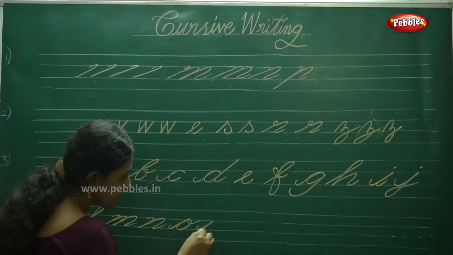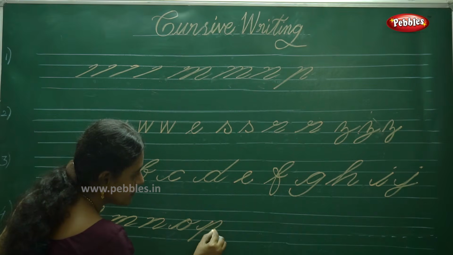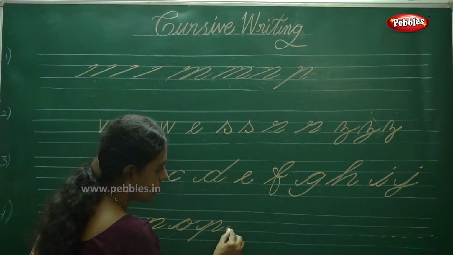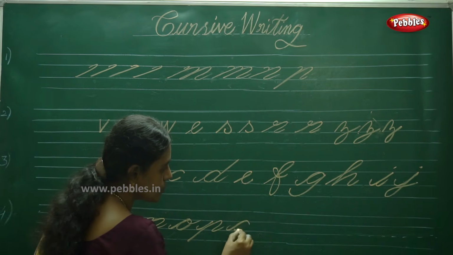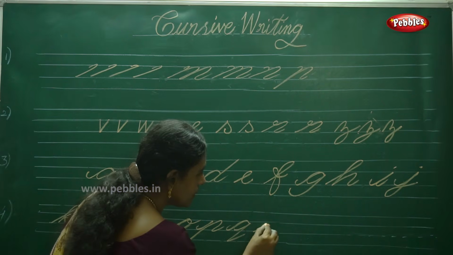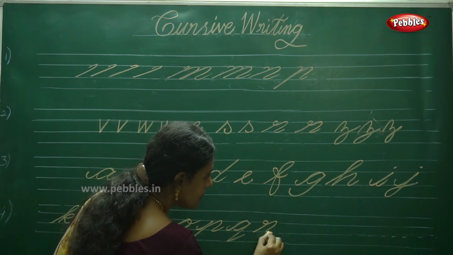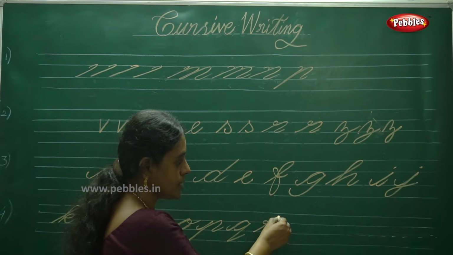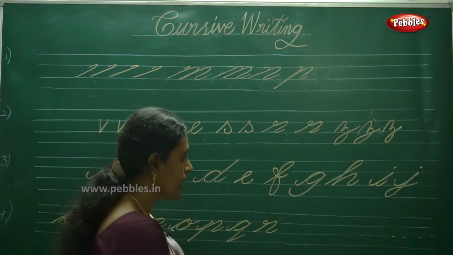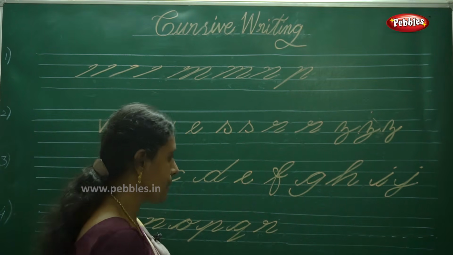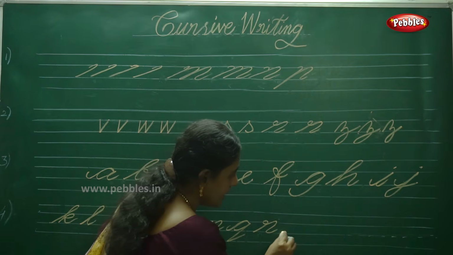So P. Okay, then Q. From S to Q. And R. Here we observe that this should be blunt and the same length, spacing. R. Yes.